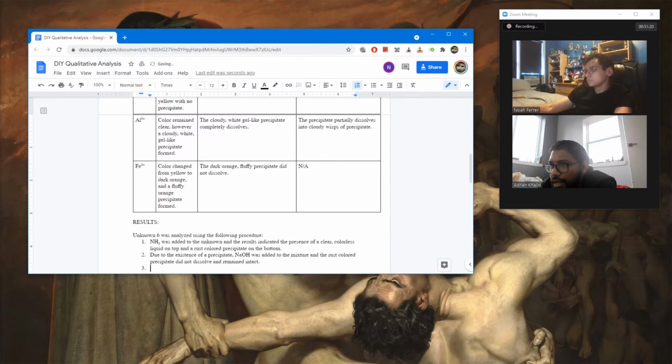Then due to the existence of the aforementioned precipitate, HCl was added to the mixture and a milky cloudy precipitate came back.